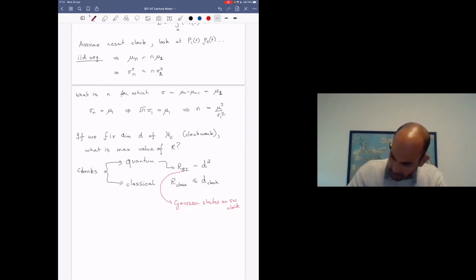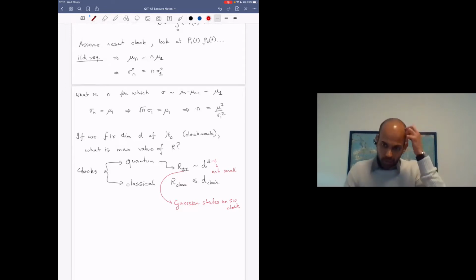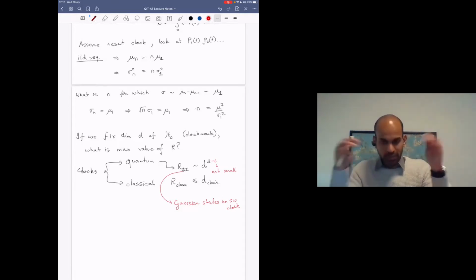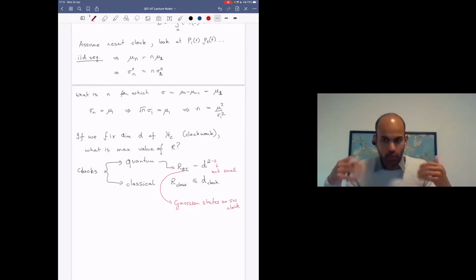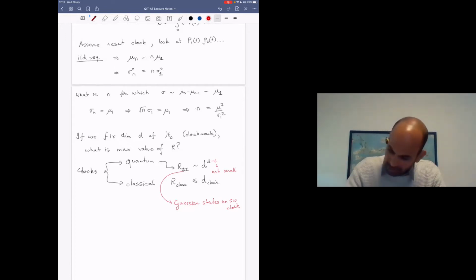So to be precise, it is of the order of D to the power 2 minus epsilon, but this epsilon can be made arbitrarily small, arbitrarily close to 0. So essentially, you have explicit quantum clocks that we can construct that are stable because of what I argued before: being Gaussian states, they actually move pretty much like the ideal clock. And when you do this, you see that as a function of D, you can get a precision value that scales as D squared. So this is a clear quadratic advantage over classical clocks.